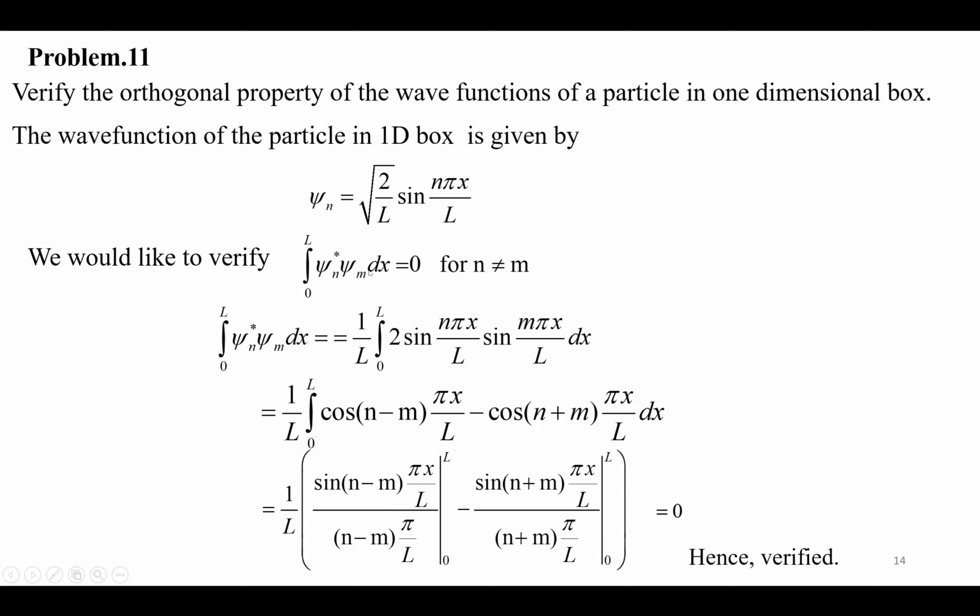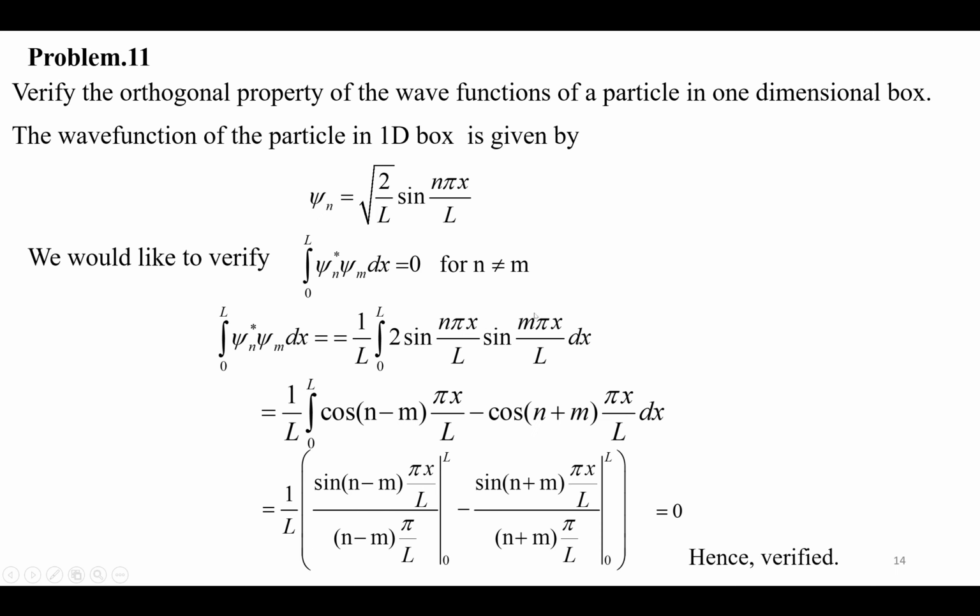And we are going to verify the integral of psi n star psi m dx equals 0 for n not equal to m. So we will just go with the complex conjugate of this function and integrate. So we have 1 by L, integration 0 to L, 2 sin n pi x by L sin m pi x by L dx.